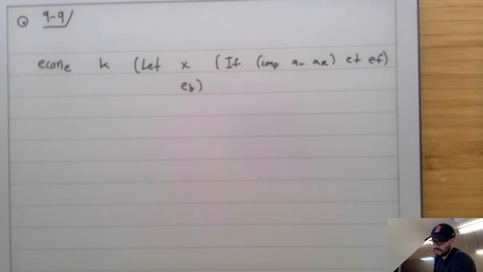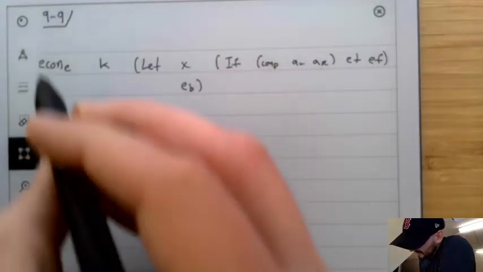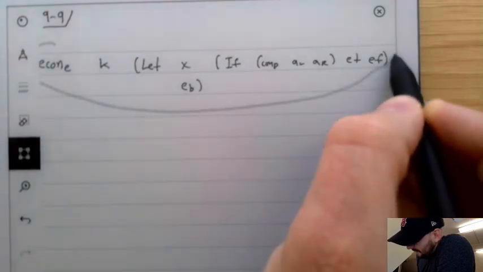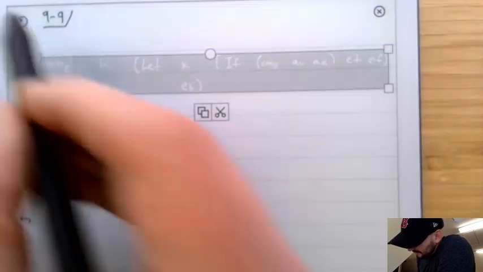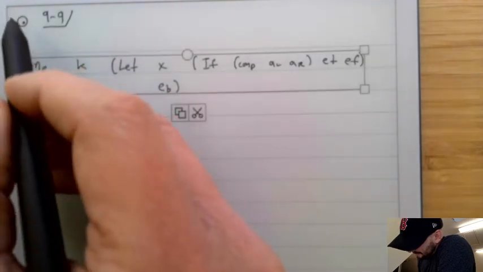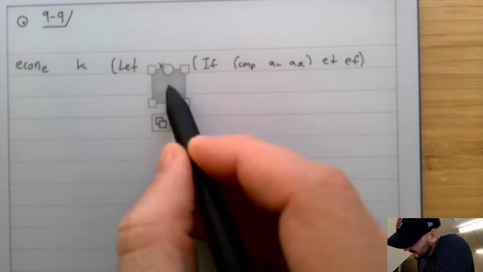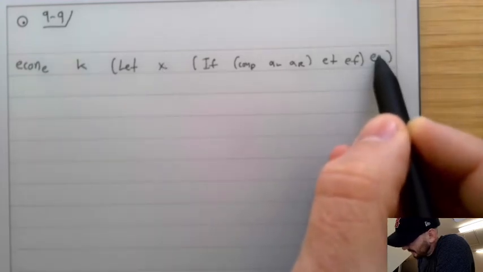Okay, so that's the situation we're dealing with. And actually, I really don't like that it's on two lines. So let's move it over a little bit. Then we'll move this to here. All right, good.